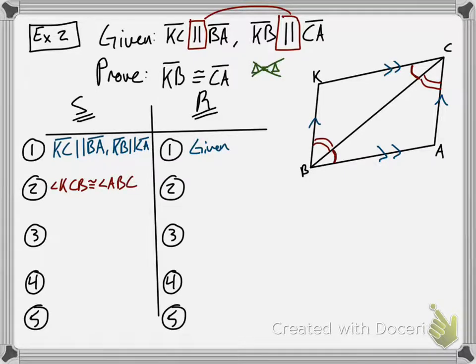And then we also are going to look at the angles of two ticks, which would be KBC. So the letters are going to switch up a little bit. Is congruent to ACB. And our reasoning was because of those parallel lines, we have alternate interior angles.